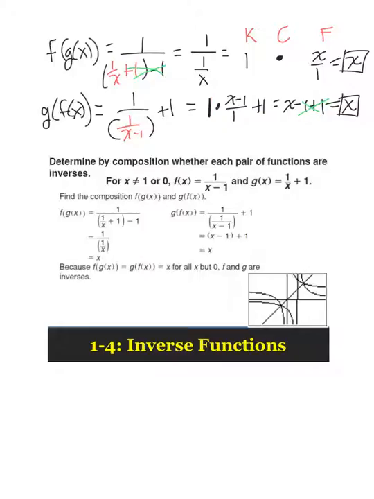So because both f of g and g of f, the compositions, gave us x, that means that f of x and g of x are inverses. So they are inverses. And this just happens to be the graph of both of those, if you put them into your calculator. And then they did not ask for the domain and range, so we're going to go on from here.